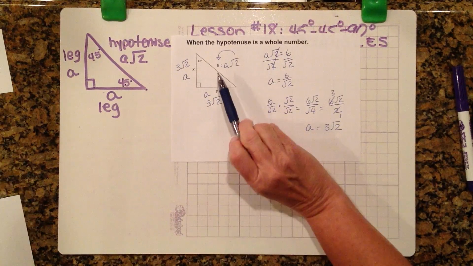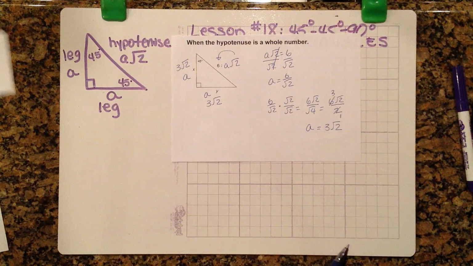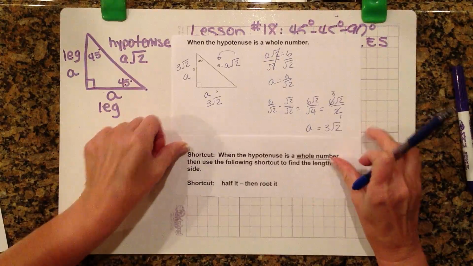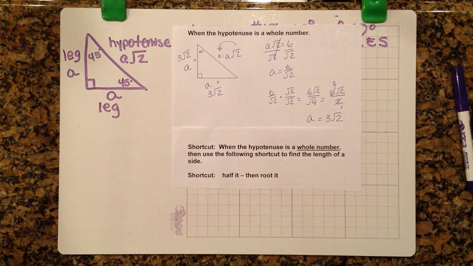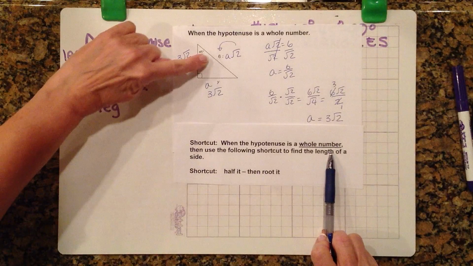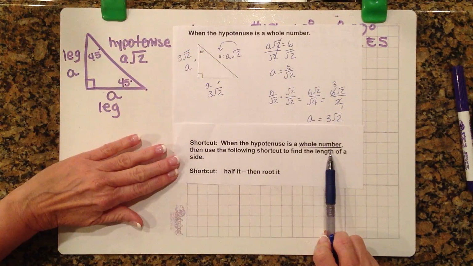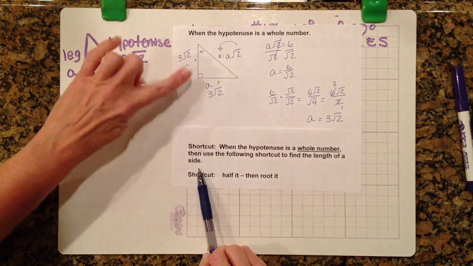But if you have this scenario where the hypotenuse is a whole number, I've got a shortcut for you. Now, if you need to stop the video and write that down, please do this. The shortcut says when the hypotenuse is a whole number, see we had 6 right here, then use the following shortcut to find the length of a side.